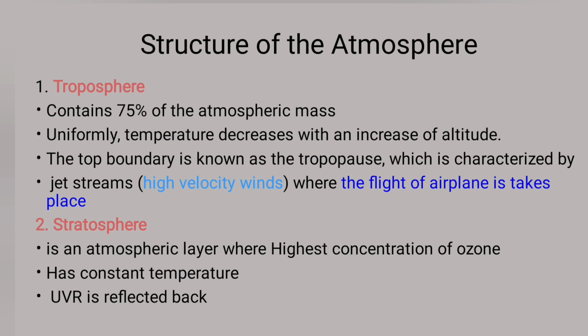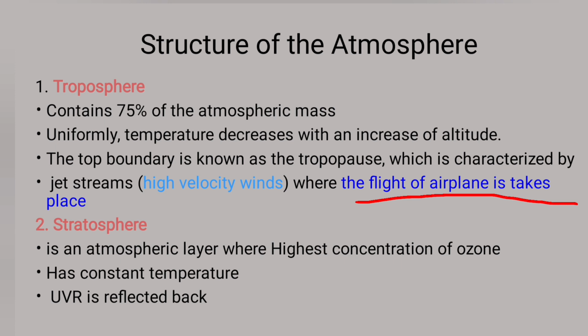The top boundary of the troposphere is known as tropopause. This is characterized by jet streams or high velocity of winds, where the flight of airplanes takes place.